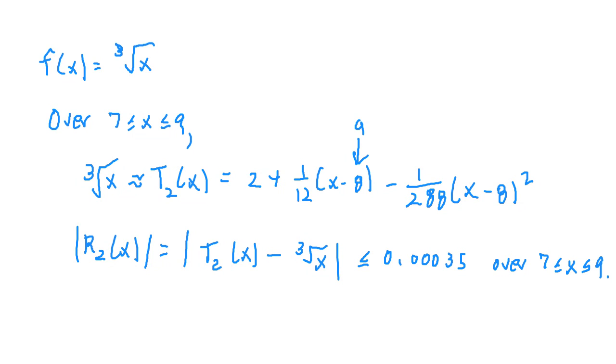So that means it's a pretty small error. And of course, if we want the error to be smaller, we have to use a higher degree Taylor polynomial.